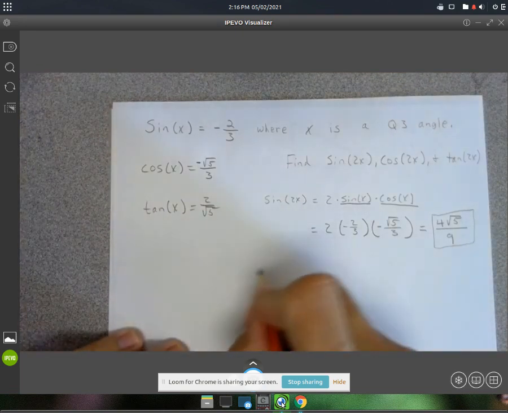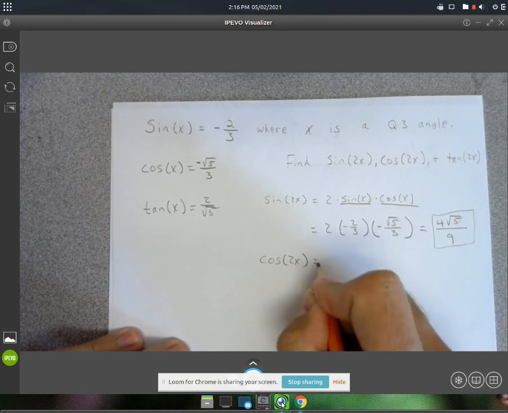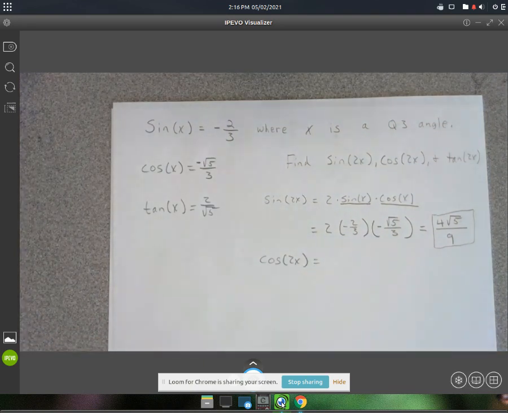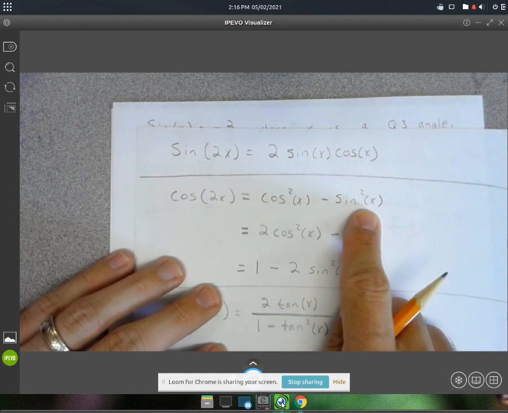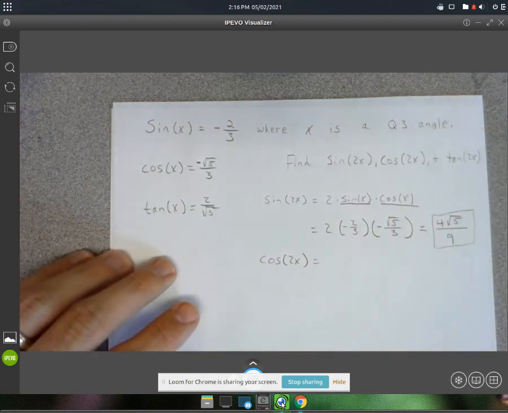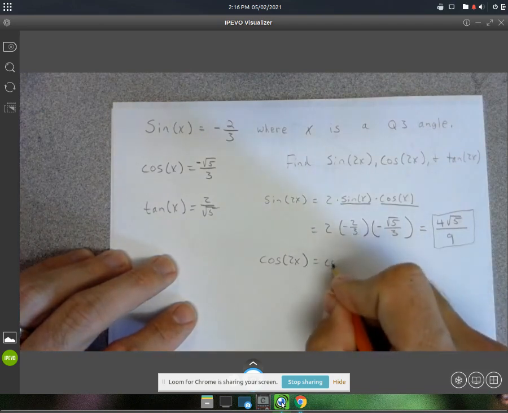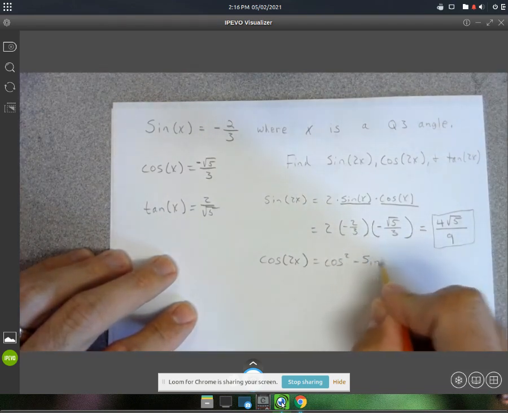All right. If we want to find cosine of 2x, we have lots of formulas to choose from. But the simplest one, I think, is going to be cosine squared minus sine squared. So I'm just going to take my answer for cosine x and square that. Cosine squared minus sine squared.